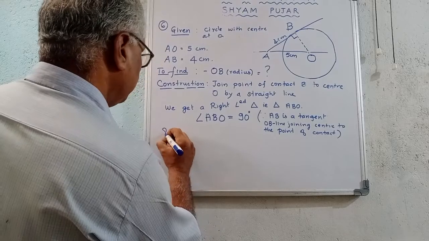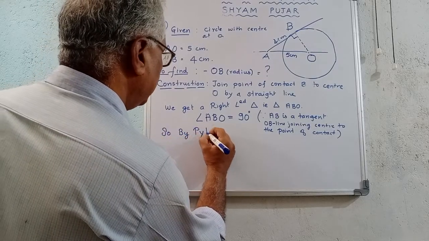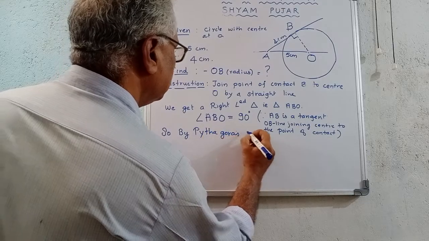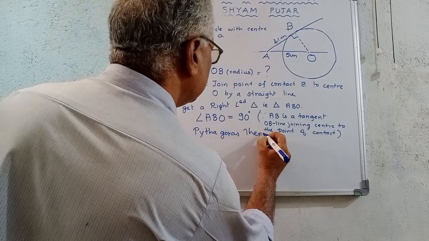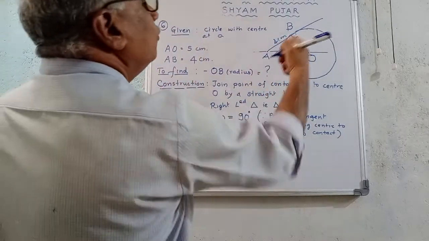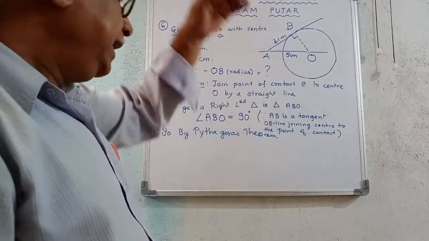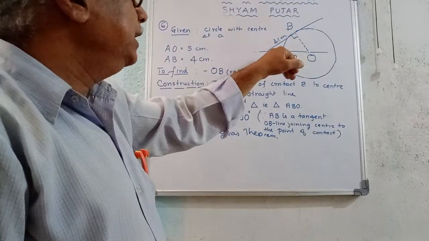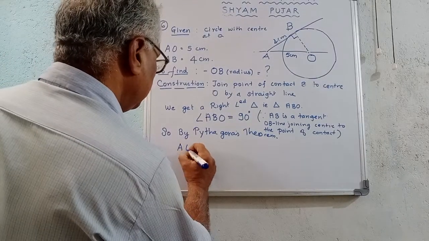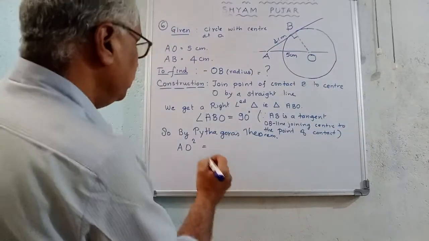Hence, Pythagoras. Which is the hypotenuse in this? The side opposite to 90 degree is always the hypotenuse.